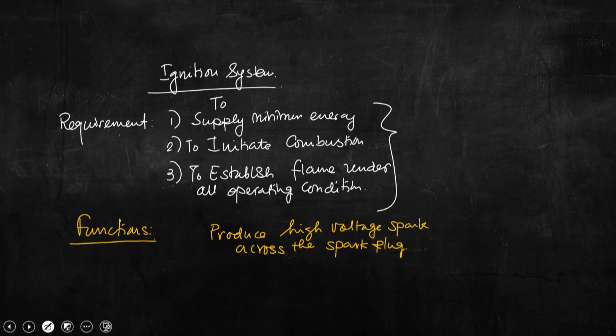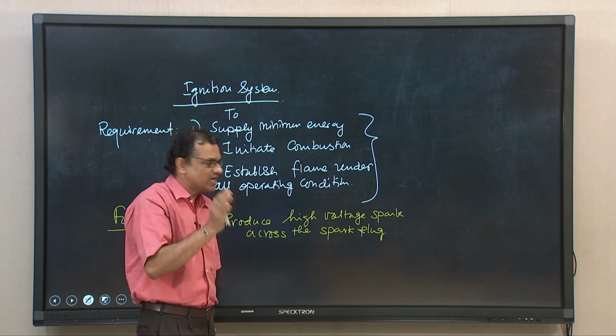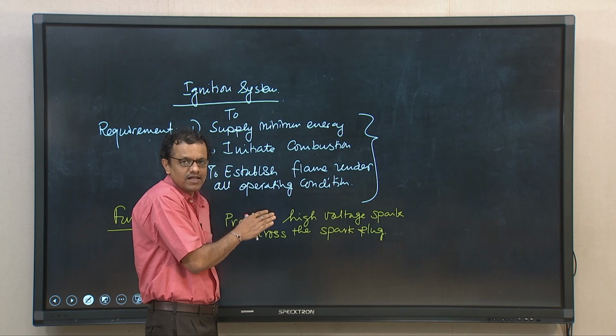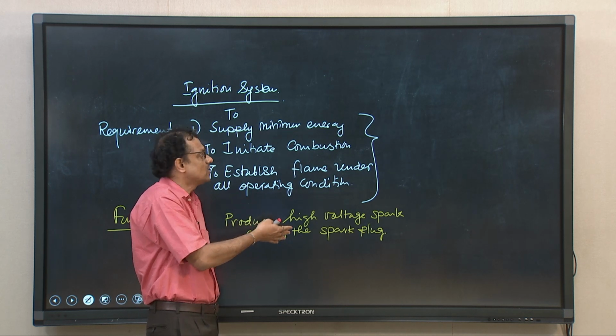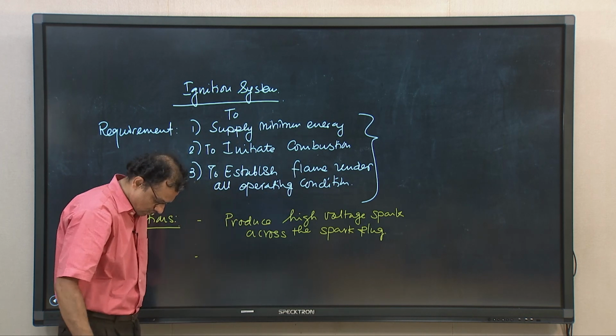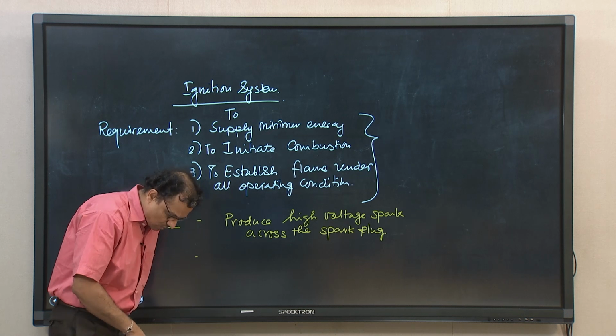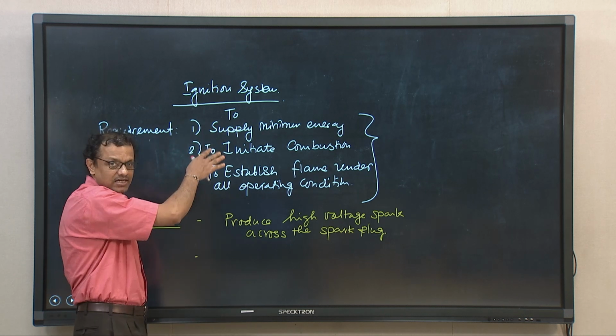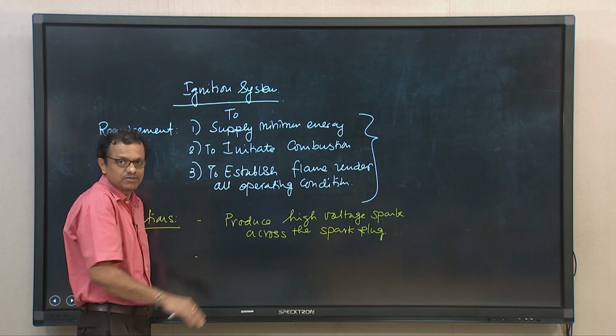Then number 2 is, not only will it produce. So basically we are talking about the spark plug now, because the spark plug is an integral component of an ignition system. To know about the functions of an ignition system, we must know about the function of a spark plug.